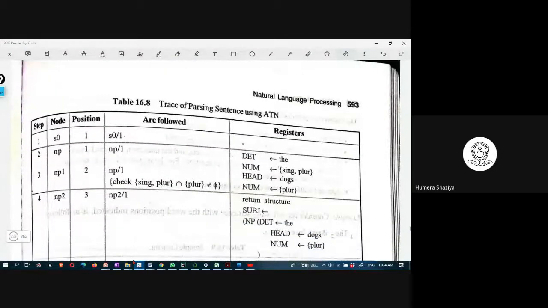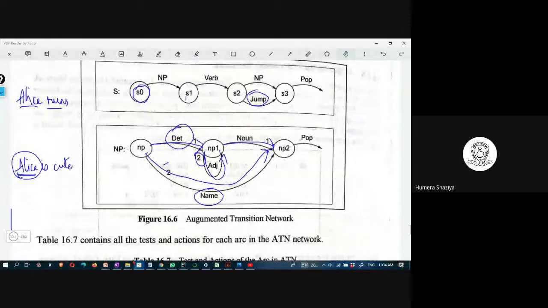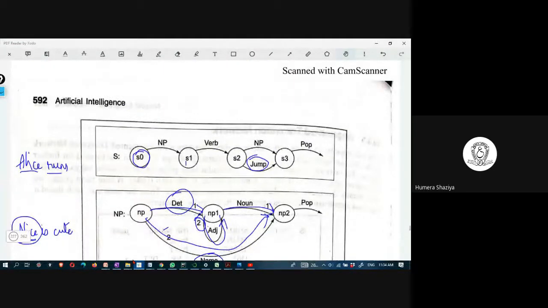And then S0 position is 1, S0 by 1. Which arc does it follow when it is in S0? When it is in NP, which arc does it follow? When it is in NP1, which arc does it follow? This is the trace of the parsing sentence. When it is in S0, it follows this S1.